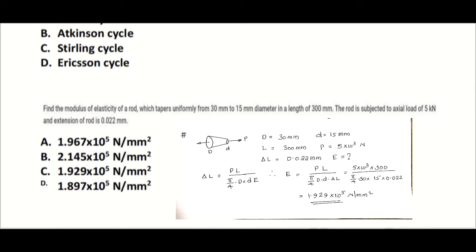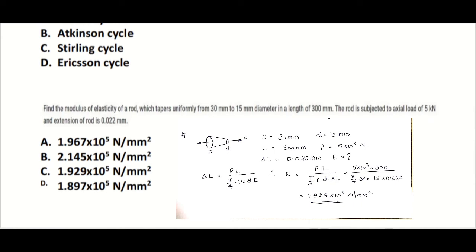We need to consider this as the cross-sectional area A. Substitute the values: delta L is 0.022 millimeter, P is 5000 Newton, and L is 300 millimeter.